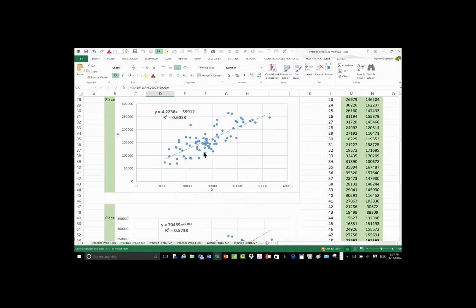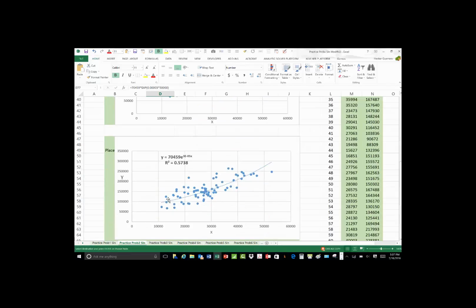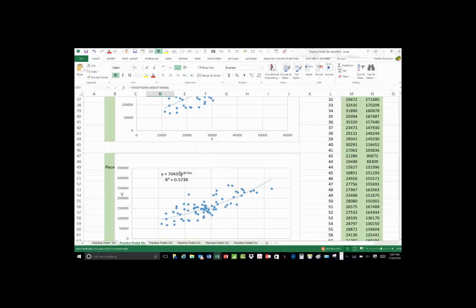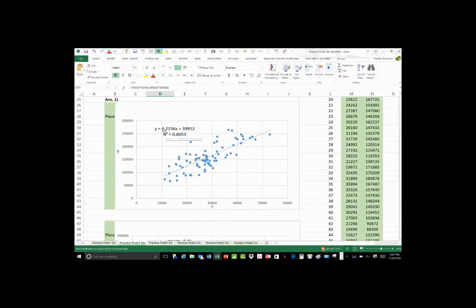By the way, here's a linear relationship. You can see that this line runs linearly through the data. Here's an exponential relationship, which is a curve, a very slight upward rise in this particular curve. And then here is the information that describes the function and the r squared.